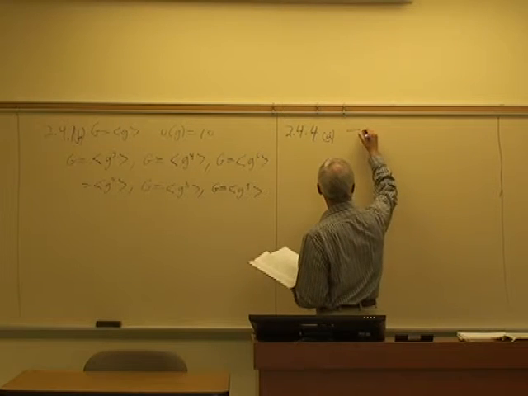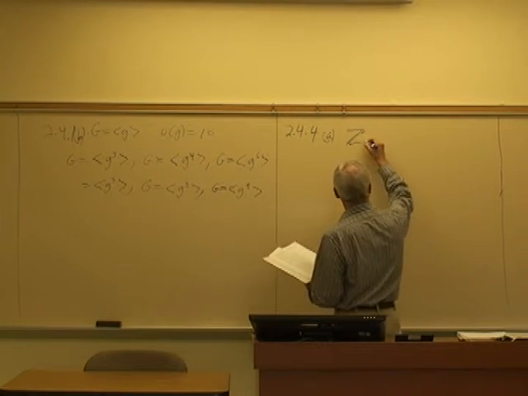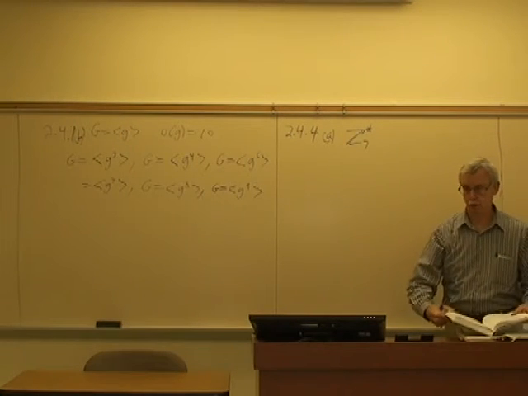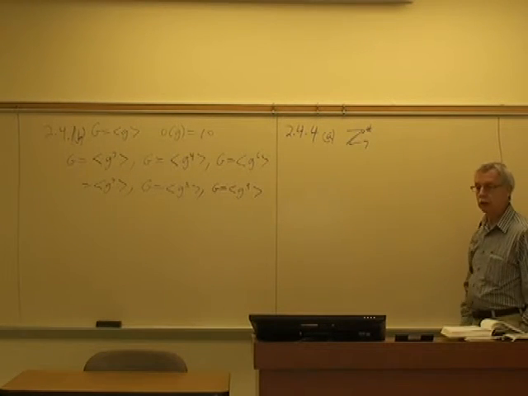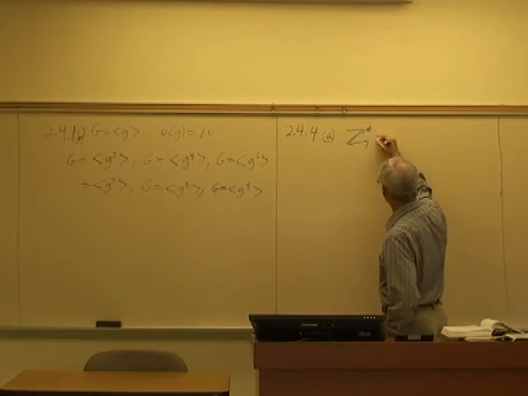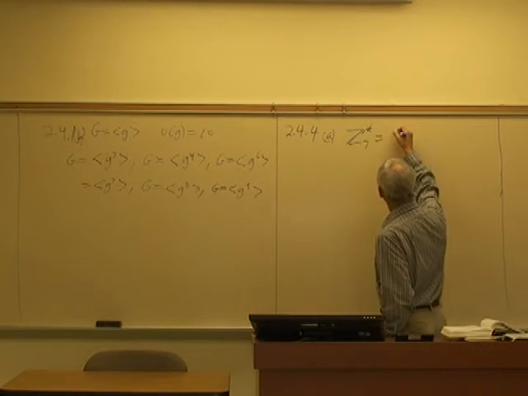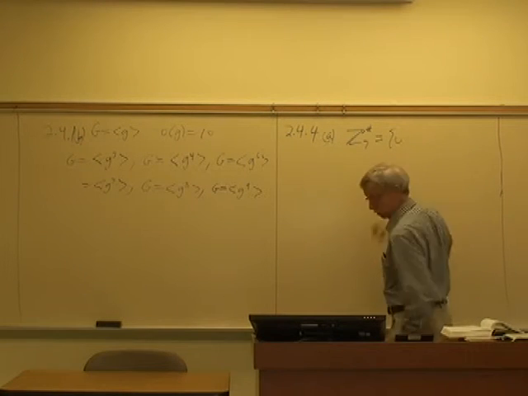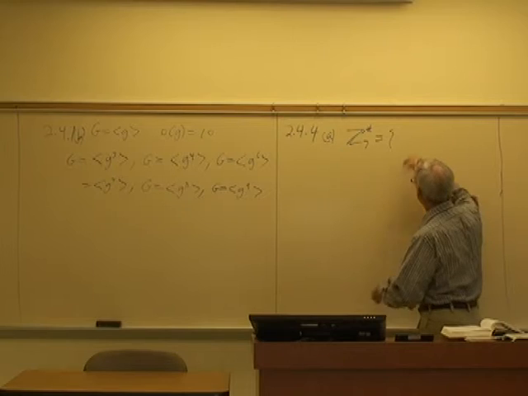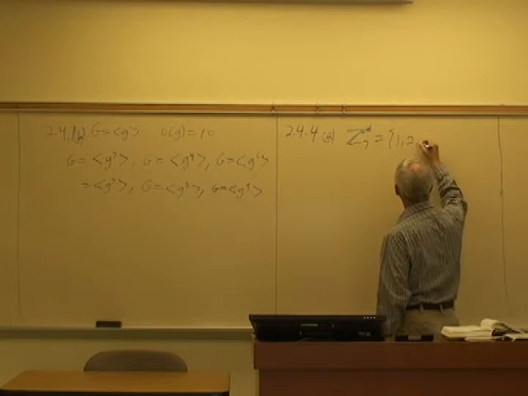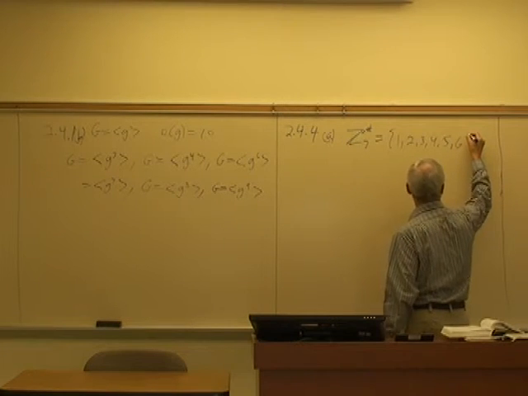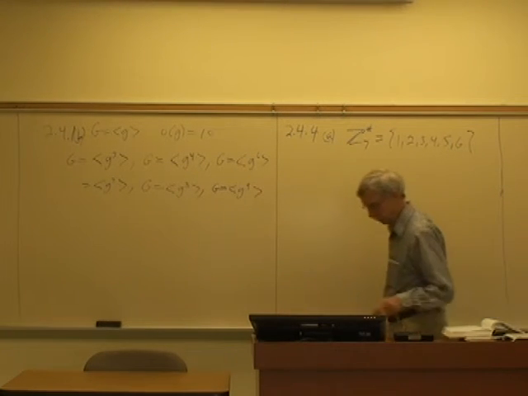So our group here is, that's the symbol for the multiplicative group. I'm doing multiplication mod 7. So what's in here? 0 hopefully is not in there, because 0 has no multiplicative inverse. 1, 2, 3, 4, 5, and 6 are in there.